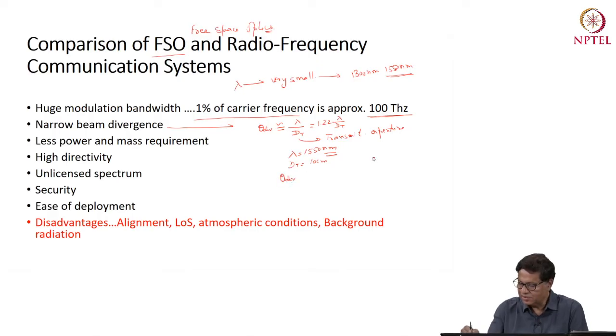This angle, this is, for example, the source. This angle, theta divergence, is of the order of 0.34 microradian. It is very, very small.